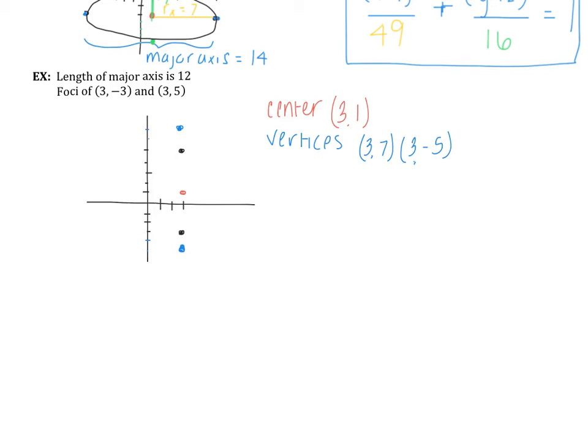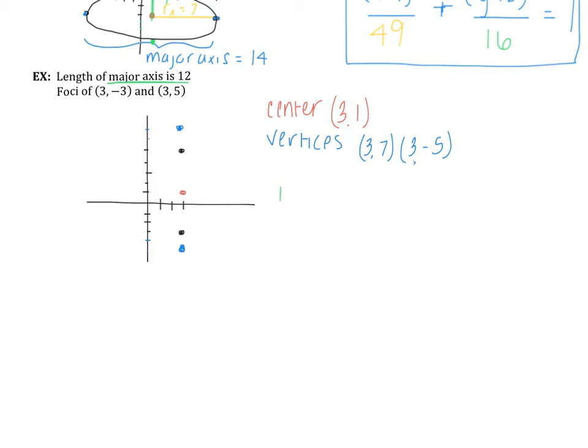Now, the big thing I'm missing is my Rx. How actually stretched out is my graph? Well, think back to ellipses. We deal with the equation of foci: F squared equals Ry squared minus Rx squared, or whichever one will be positive. Well, since I know my major axis is 12, that's the longer one.